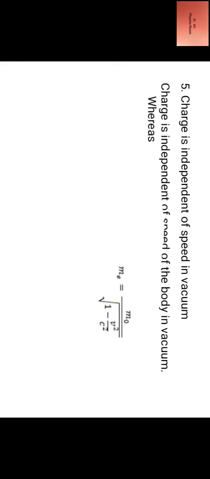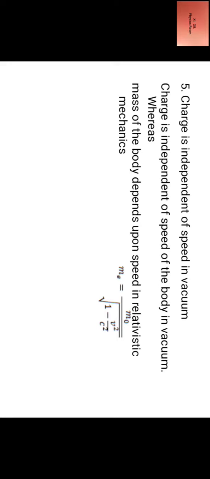Now we come to the fifth property of charge: charge is independent of speed in vacuum. Charge is independent of the speed of the body in vacuum, whereas the mass of the body depends upon speed in relativistic mechanics.